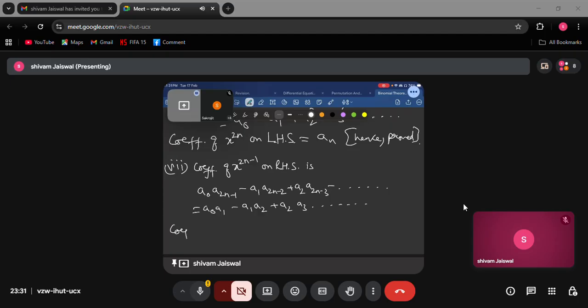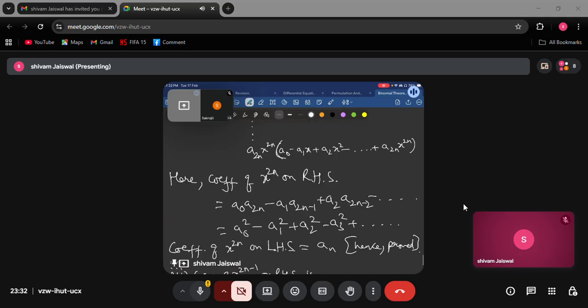And what is the coefficient of x to the power 2n minus 1 on the left hand side? What do you think?